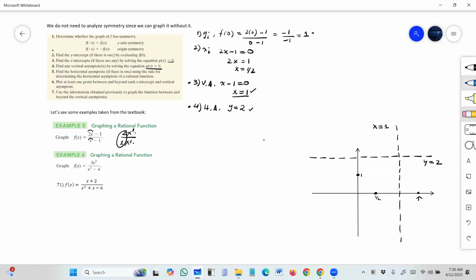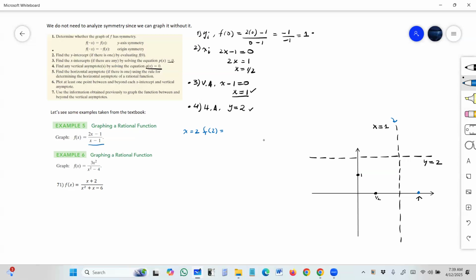So let's pick a point. Let's pick this point. Remember, this is x equals 1, so I'm going to pick x equals 2, and I'm going to find out f of 2 to see where my graph is. All right, so I'm going to find f of 2.